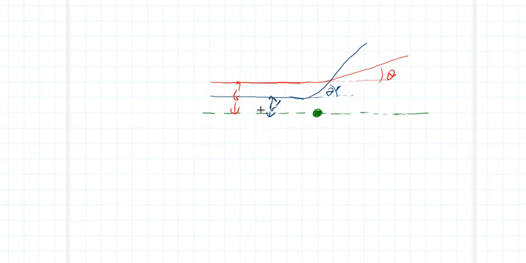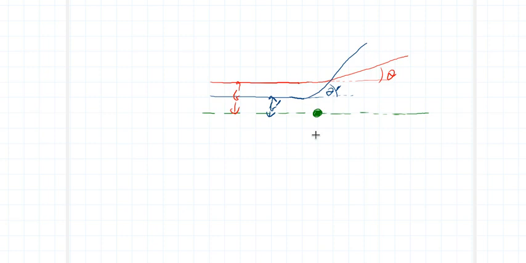So the larger the impact parameter, the smaller is the scattering angle. The impact parameter tells us how closely the particle is approaching the scattering center, and it's a perpendicular distance, right?